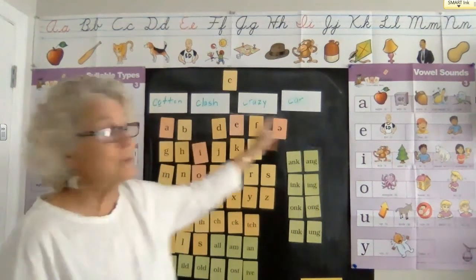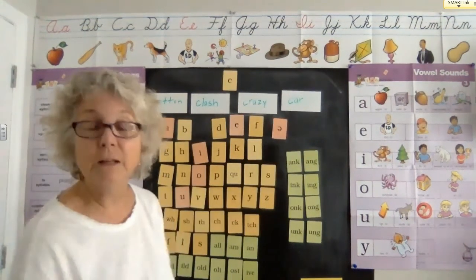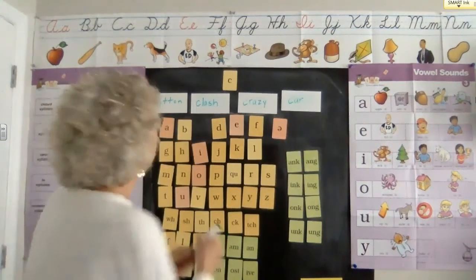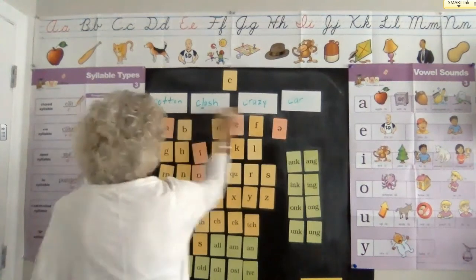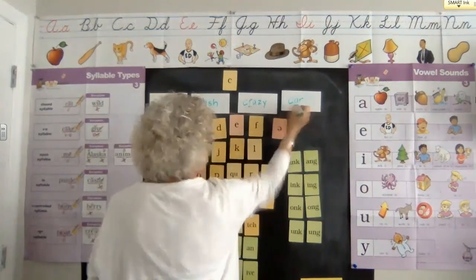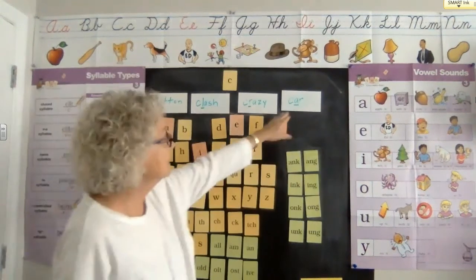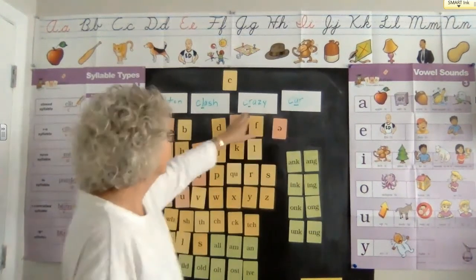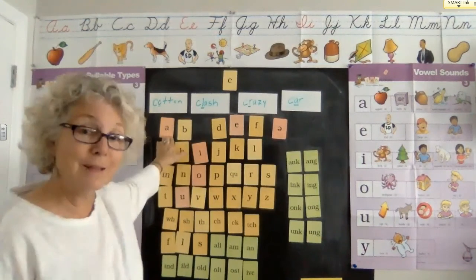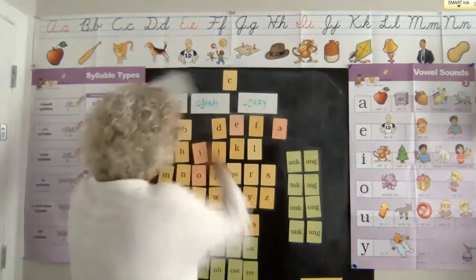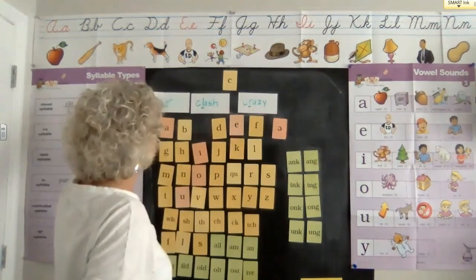But all of these words would be found in the beginning to the middle section of my dictionary. So, in order for me to figure out which one I would find first, I've got to look at that second letter. So if I look at the order of that second letter, right, I know A is the first letter in the alphabet. So this word is going to come first.